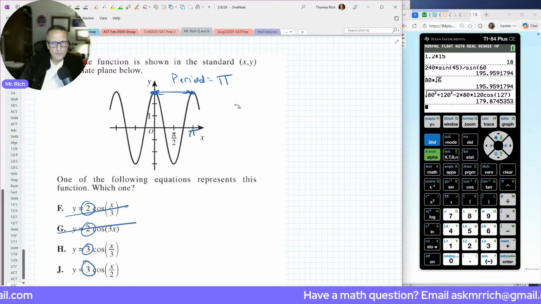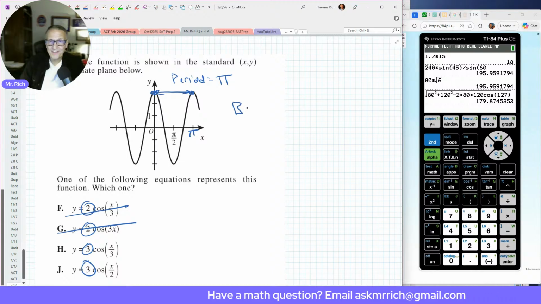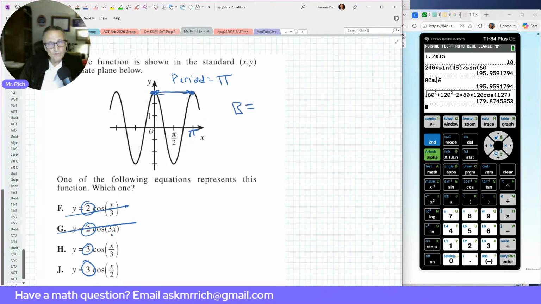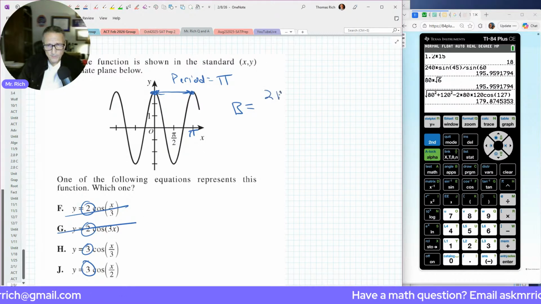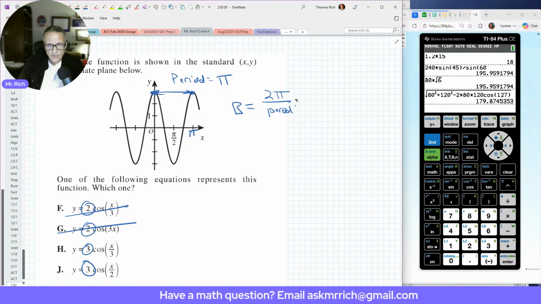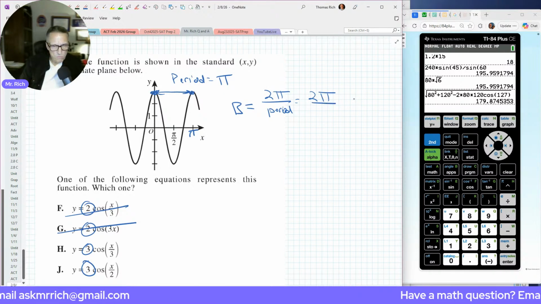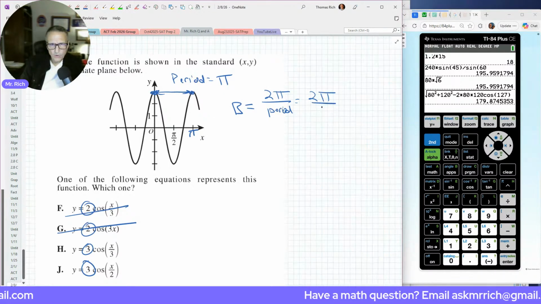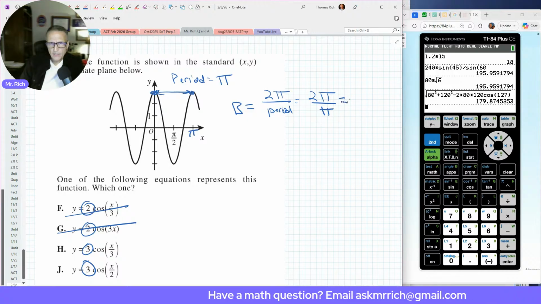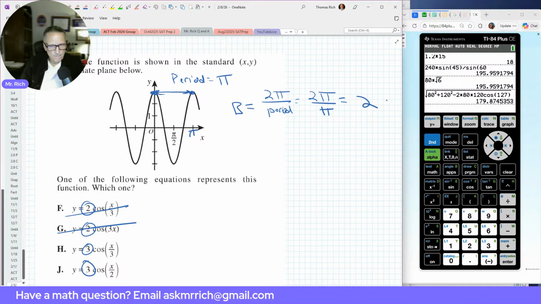And that coefficient, which the pre-calc students understand at this point, that you put in front of the x inside the function is going to be 2 pi over the period. And if the period is pi, which we read off of the graph, that coefficient, 2 pi over pi, is going to be the number 2.